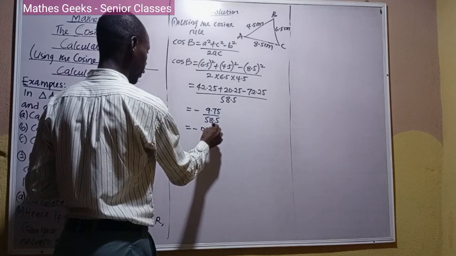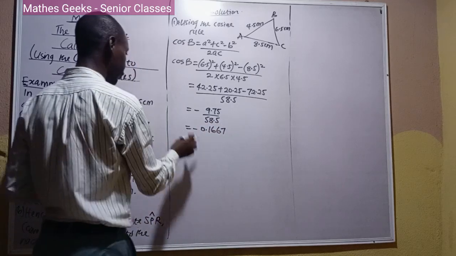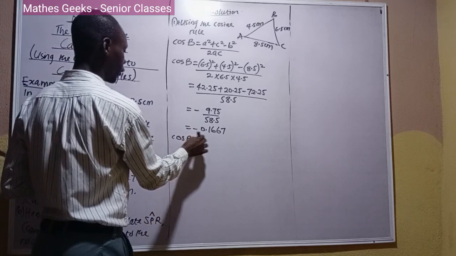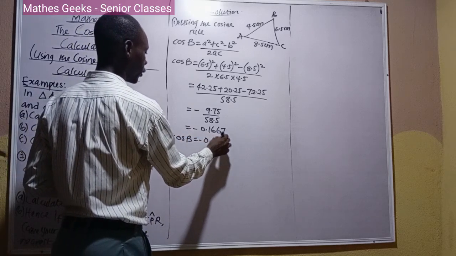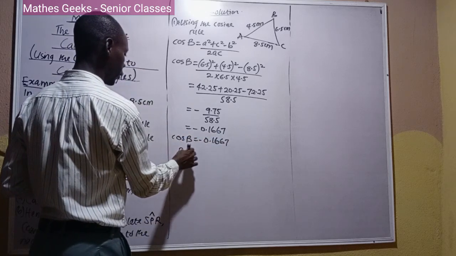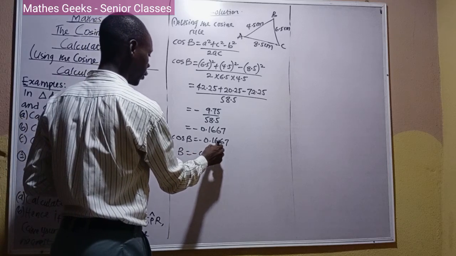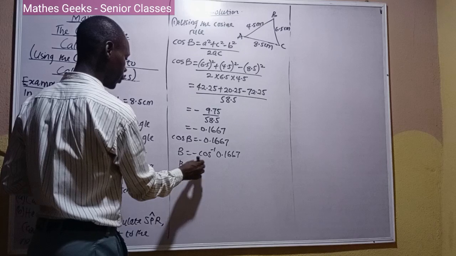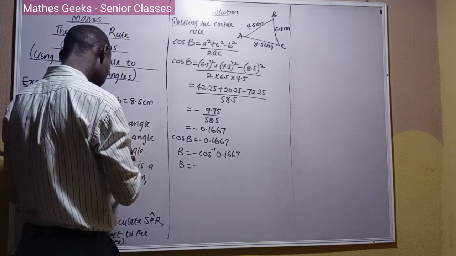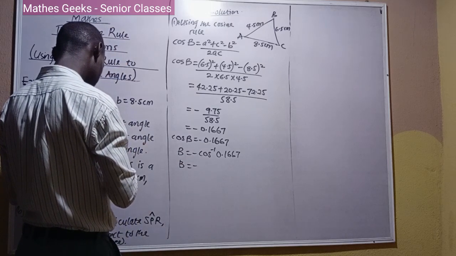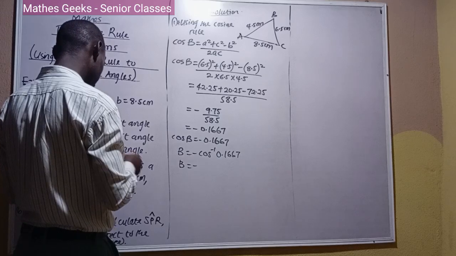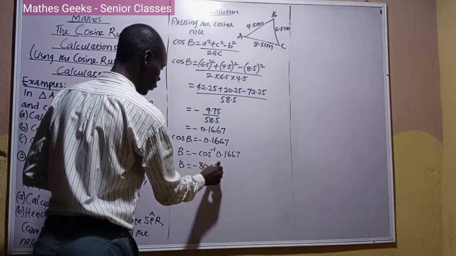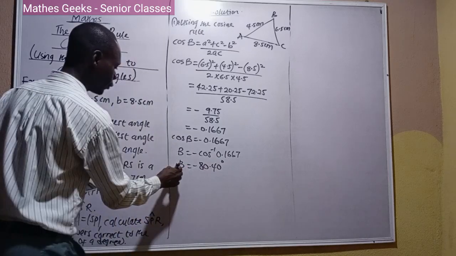0.1667. So cos B equals minus 0.1667. So B is equal to minus arc cos 0.1667. So B is equal to minus 80.40 degrees.